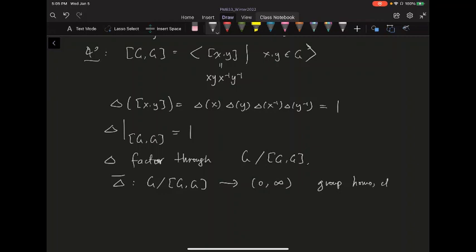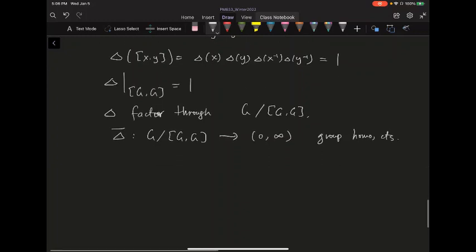This may not be the modular function for this group, just to let you know, because if that were the case, then modding out the commutator group gives an abelian group, and abelian groups are unimodular; that's not going to work.